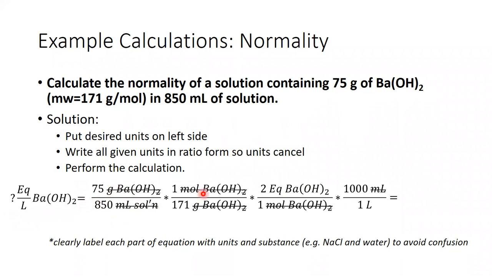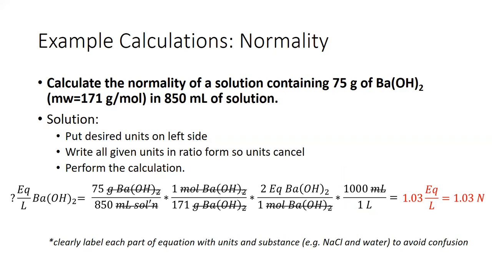If I stopped right here, I would only have milliliters, which would be wrong. So I need an additional conversion, multiplying 1,000 milliliters over 1 liter, and then I can solve my equation and get 1.03 equivalents per liter, or 1.03 normality.